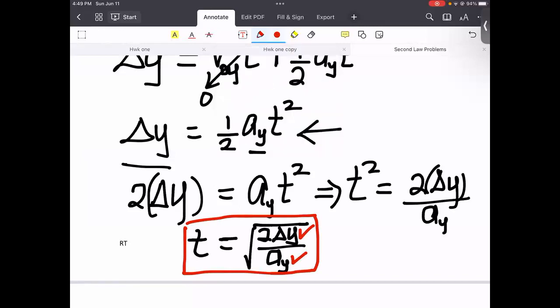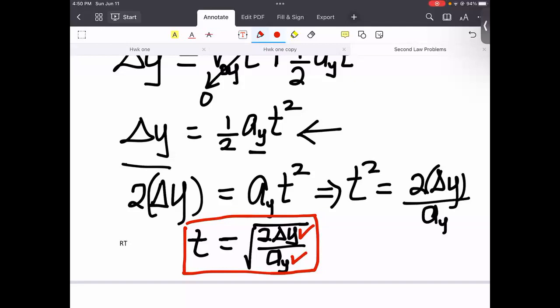That means delta y is the same for both situations. And we already discussed that the acceleration in the y direction is the same whether you have 1 brick or 2 bricks. So if you calculate the time for 1 brick or 2 bricks, you will find that the time will be the same.